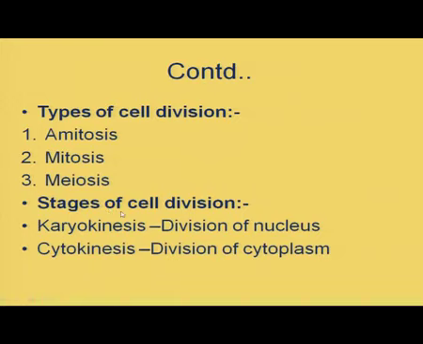Now coming to the stages of a cell division. It is not a simple phenomenon, it is not a single stepped process, but it consists of different steps. We can include these different steps into 2 major headings.